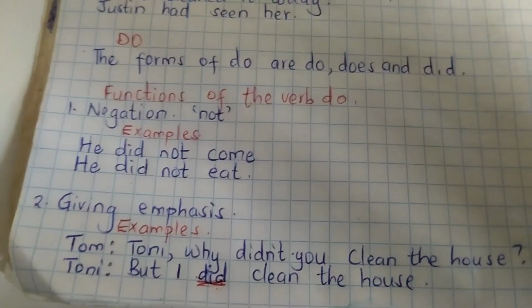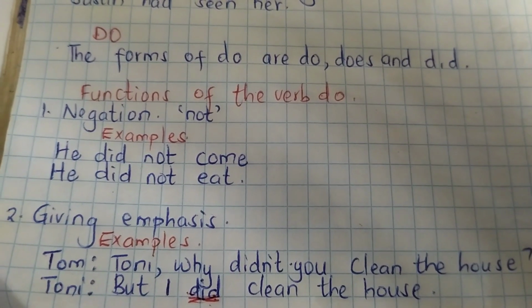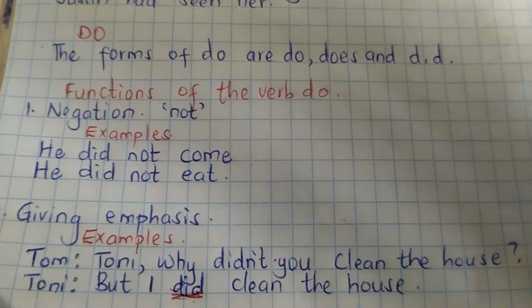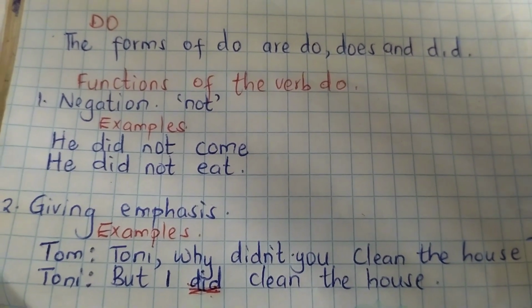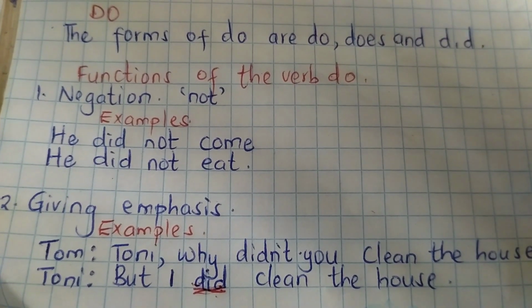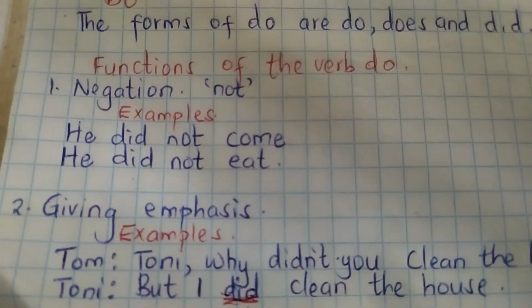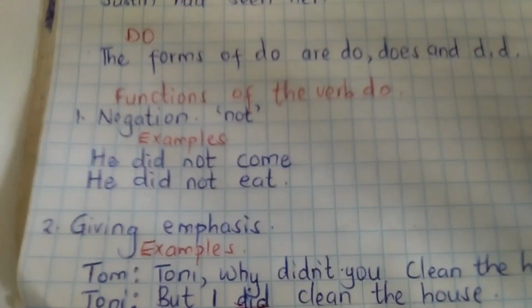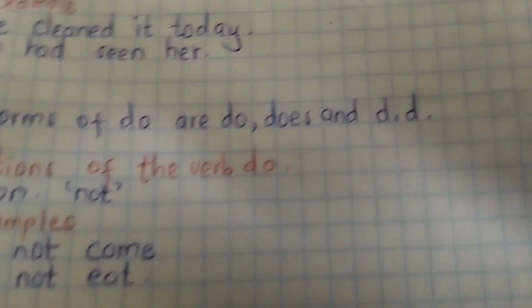So we have looked at auxiliary verbs as helping verbs. Remember, we said auxiliary verbs can be used as helping verbs, and they can also be used as main verbs. When we use them as main verbs, we do not have any other verb. So it is the auxiliary verb being used as the main verb.